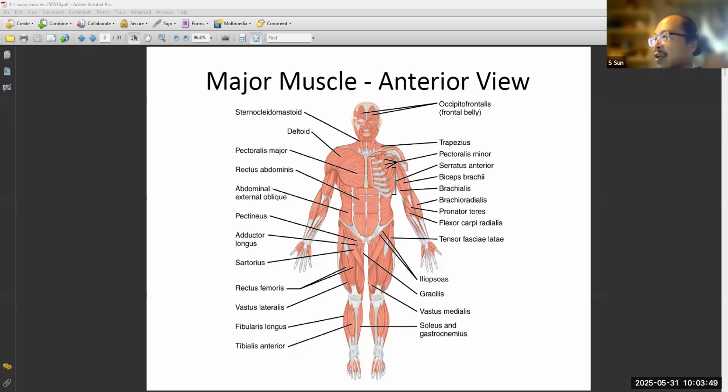And in the very lateral side, you have this muscle. This muscle is pretty long. This muscle is called tensor. Tensor means like tension. Fascia latae. Fascia means superficial. Latae means lateral. So tensor fascia latae.